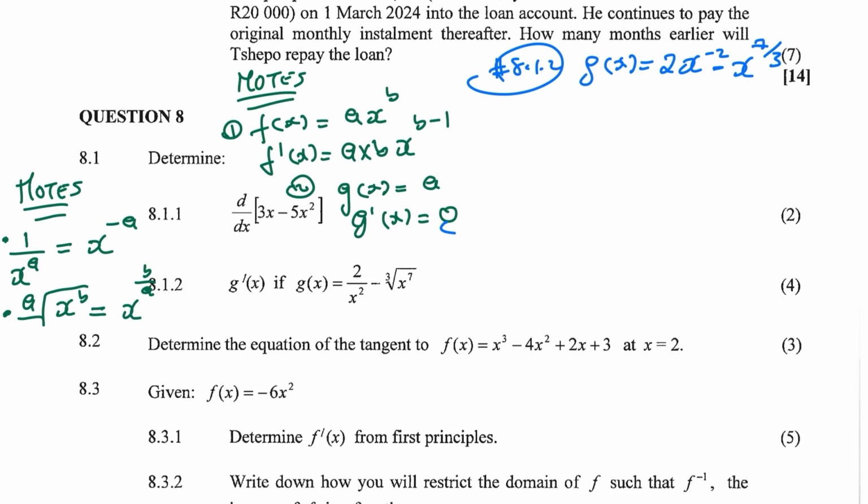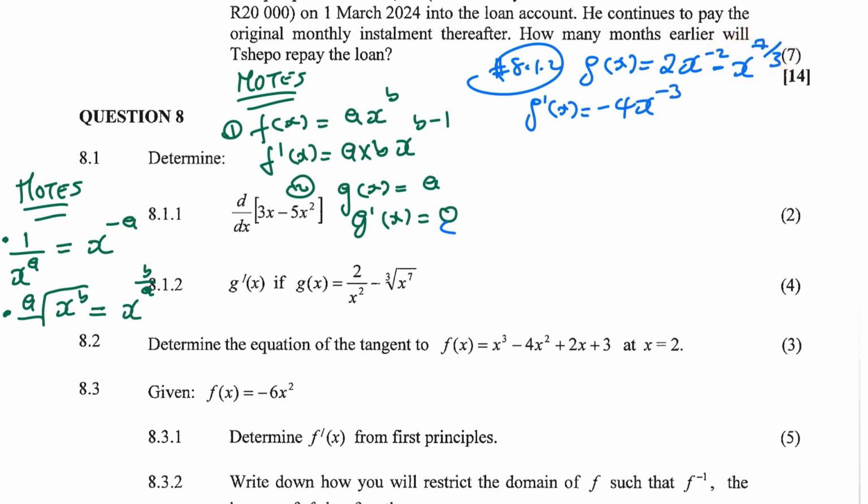Now from here, we're just applying this rule here, right? So it's going to be g of x. This could be written as, again applying this rule, 2 times negative 2 x power negative 2 minus 1, right? So 2 times negative 2 is negative 4, and negative 2 minus 1 is negative 3.